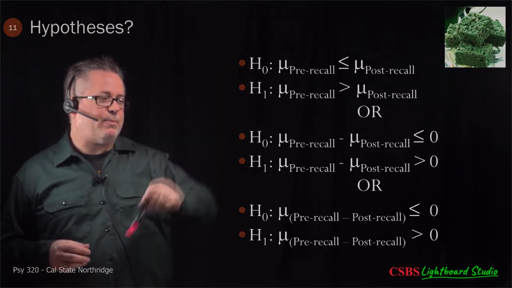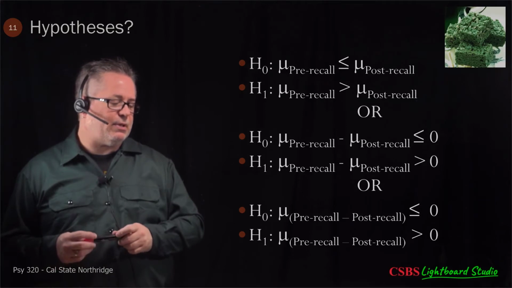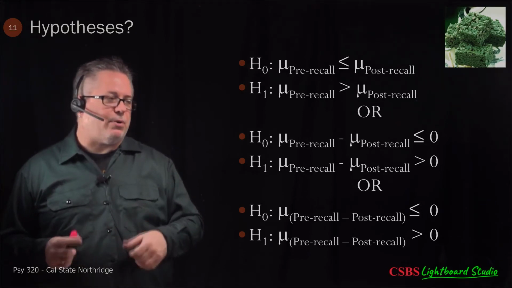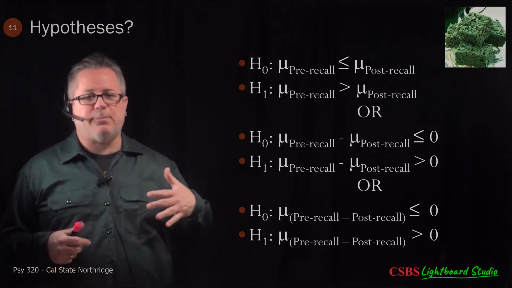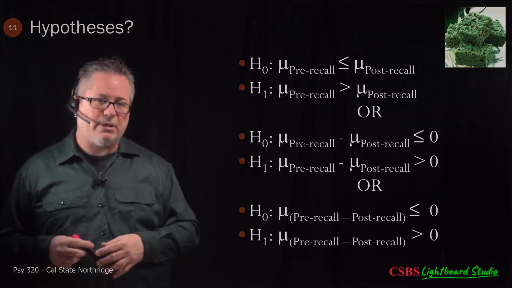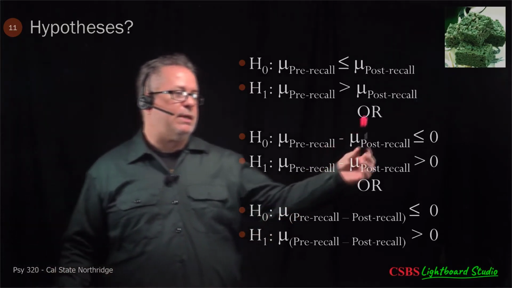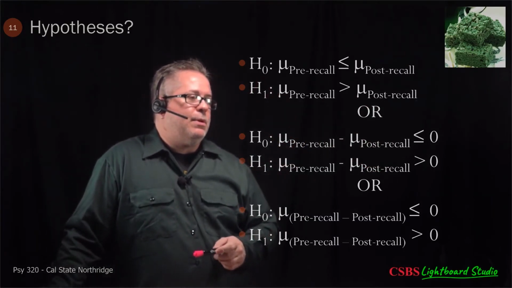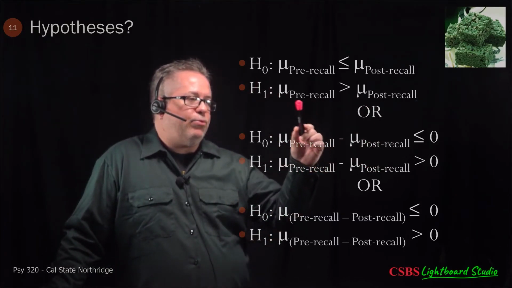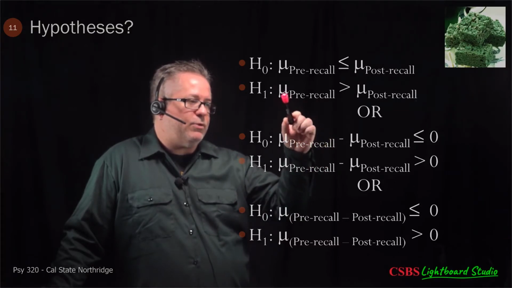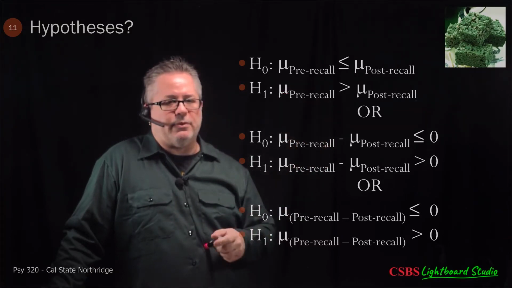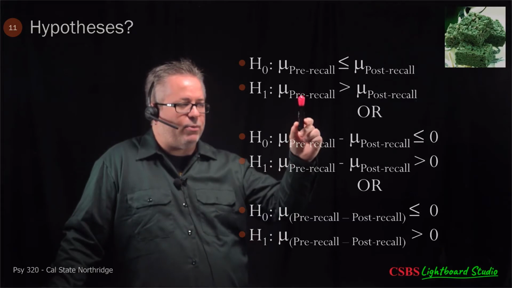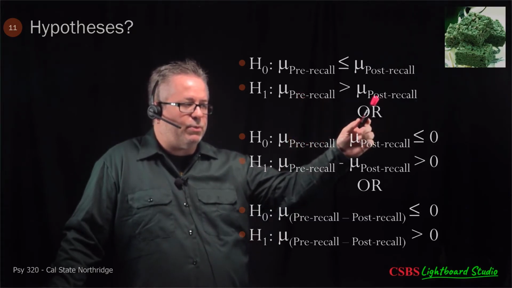So for testing this hypothesis that THC does impair recall, I would expect scores in the post-test, the recall scores, to be lower. So looking at the alternative, this H1, I would expect the average pre-recall for these participants to be higher. All right, so we're going to get a higher pre-recall versus the post-recall.